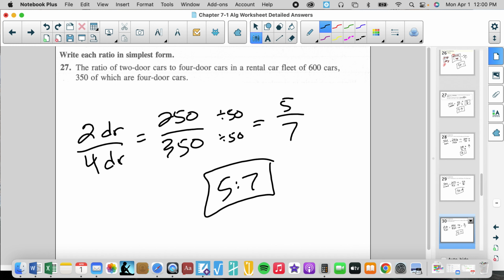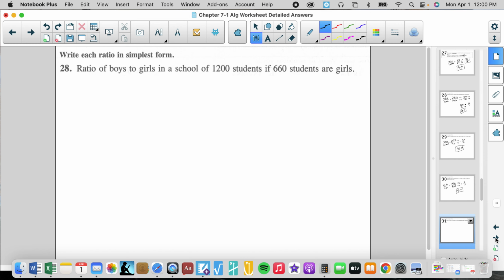All right. Ratio of boys to girls in a school of 1,200 students. If 660 students are girls. Boys to girls, 660. So that's 540. I think that's 540. Yeah, 540. Let's reduce it by 20.